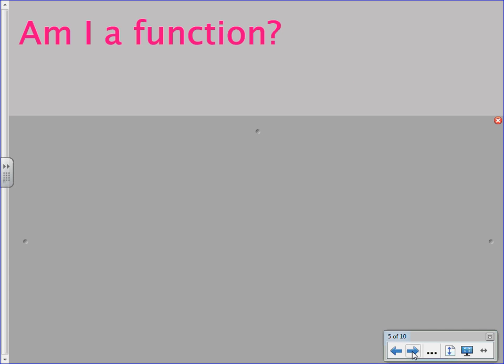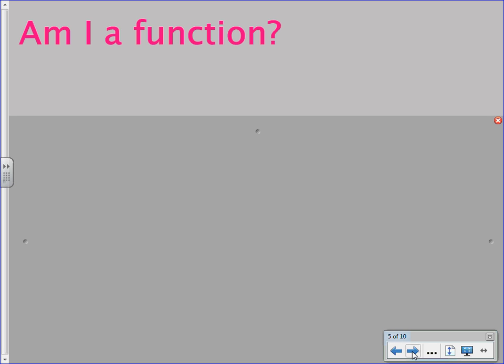Am I a function? How do we know if something is a function? This is something that I think was in your summer packet. How do we know if a graph is a function? We have a test. F of x is how we notate it. But if we're looking at the graph, we have a test. Yes. We can't repeat the same x value.